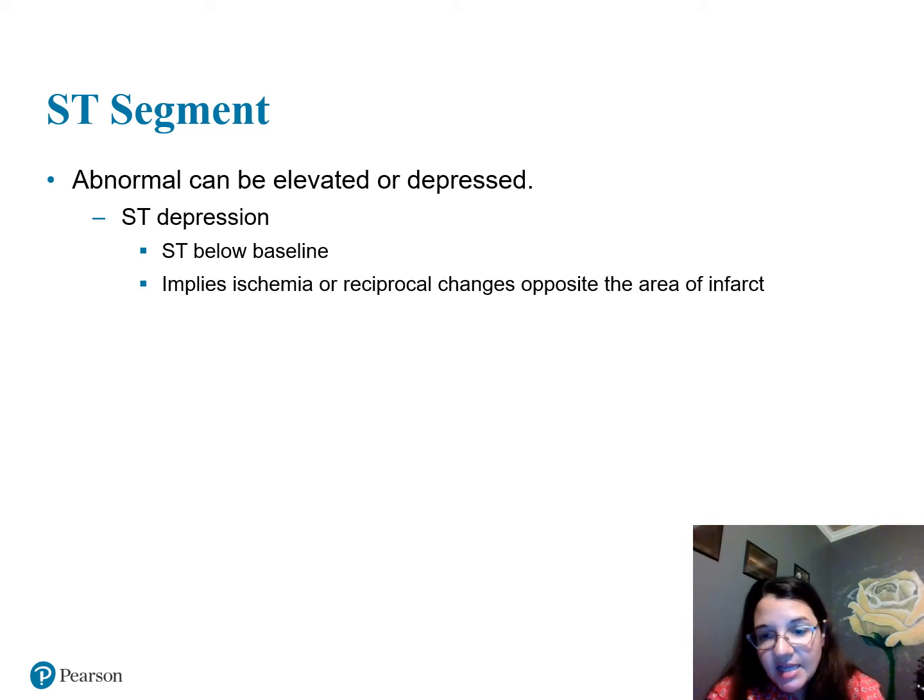So maybe another area of the heart is infarcted, and it is showing the opposite on the opposite side of the heart. So ST segment can imply a STEMI. We're going to have elevation or depression. Elevation, your ST segment can be either concave or convex shape. ST depression could imply ischemia. ST elevation could imply injury.